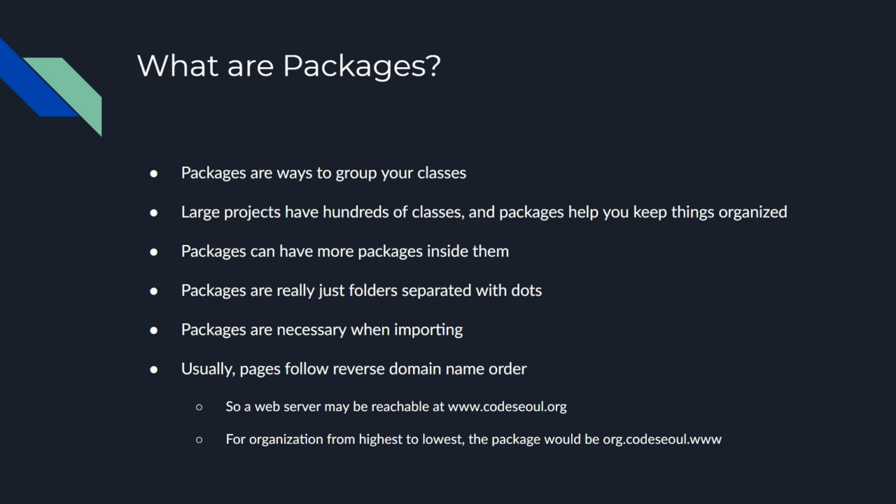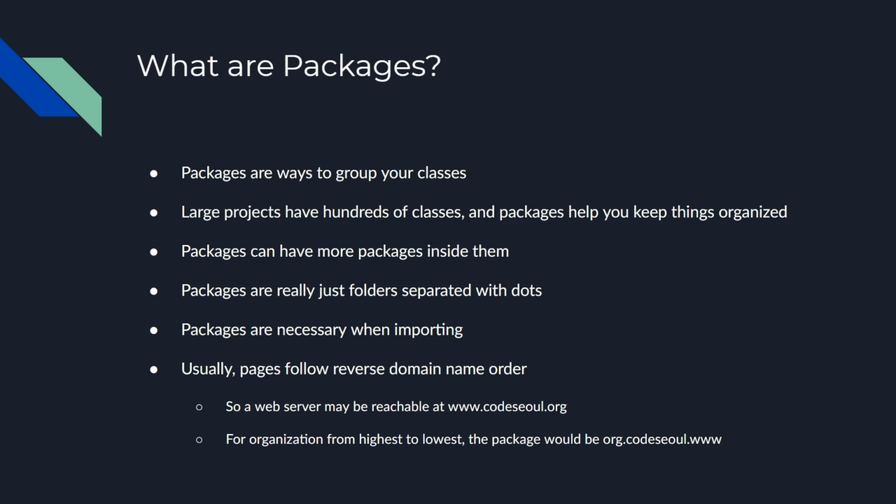And finally, when creating your packages, when creating your folders, there's a common way to do it. Again, this is not required. This is not something Java enforces. It's just how we usually do things. It's the common practice. It's reverse domain name. So if you're working for a company like mycompany.com, it's going to be backwards. So your packages will be com, my company, and that's just convention.